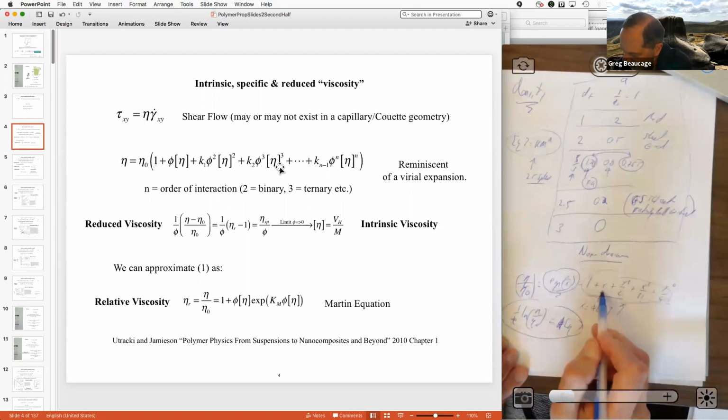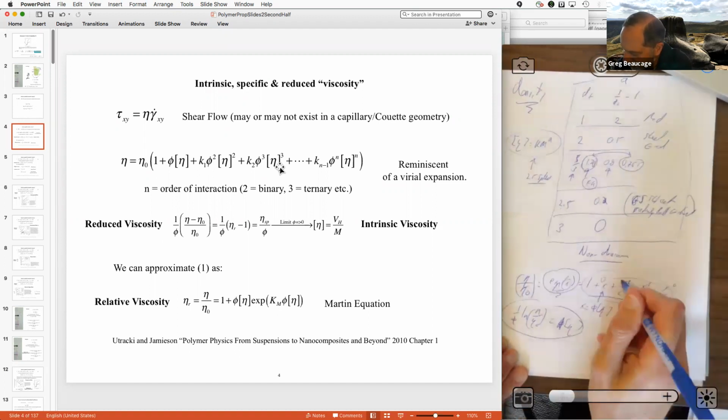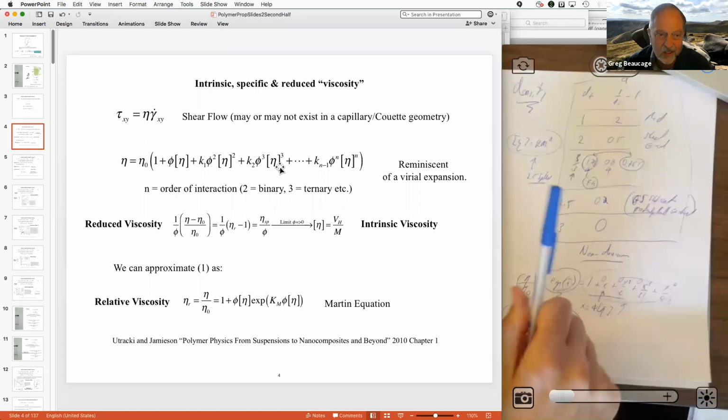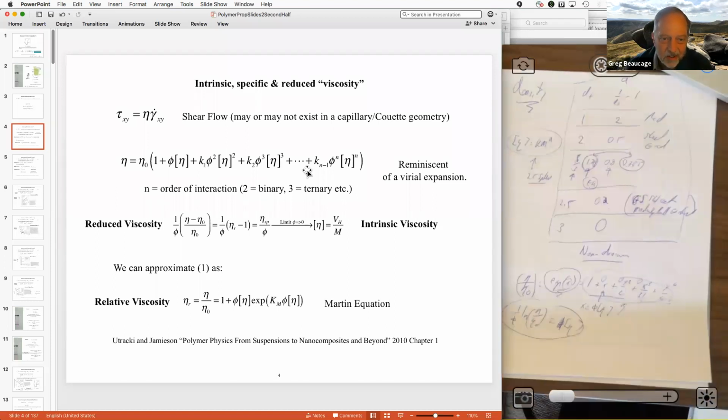So this assumes that you have a fixed prefactor here, but actually that prefactor changes, like K1, K2, whatever, depending on the kind of interactions you have in the fluid. The first one is for isolated colloidal objects floating around, and then this is for binary interactions.